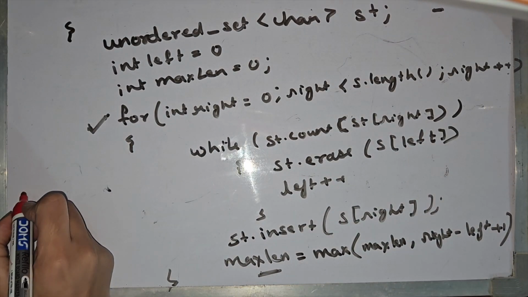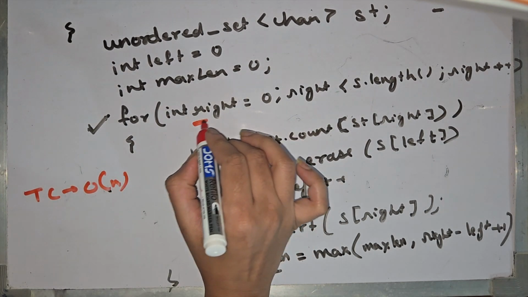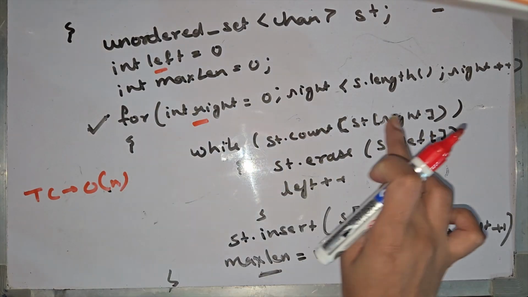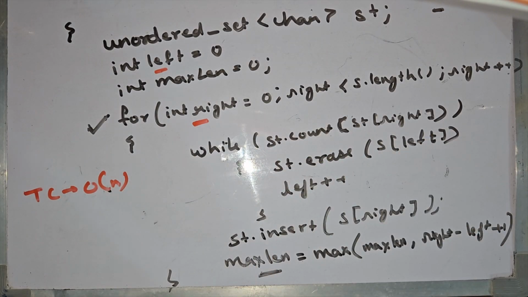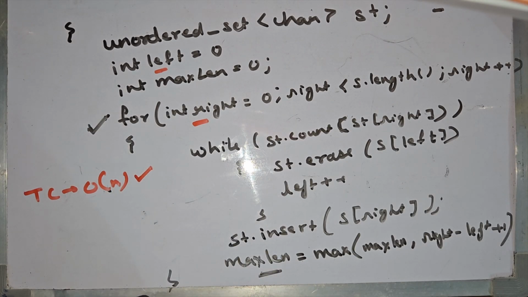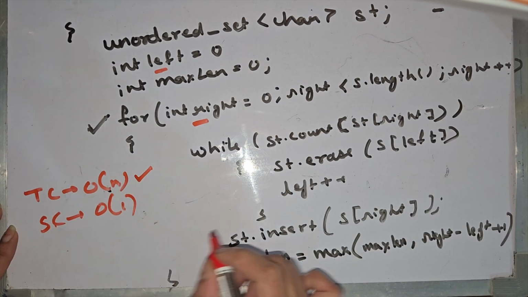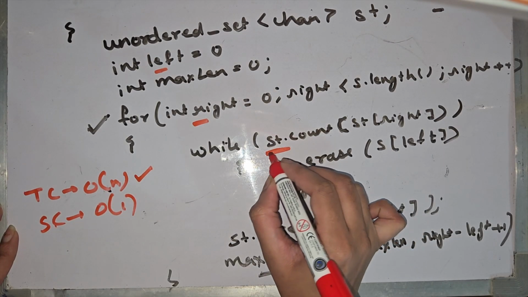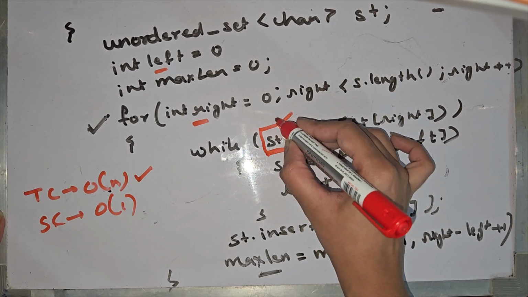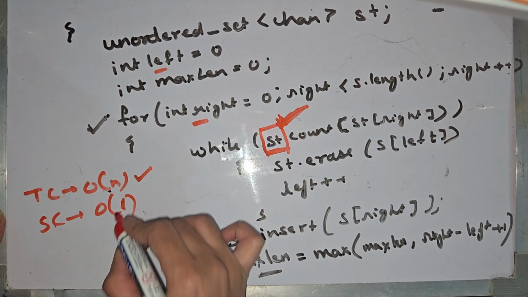We have time complexity of order of n because each pointer left and right moves forward once only and we are traversing the string once only. So this is time complexity order n. And the space complexity is order 1 because we have only a fixed number of characters. So we have only fixed characters, that's why this is not order n, this is order 1.